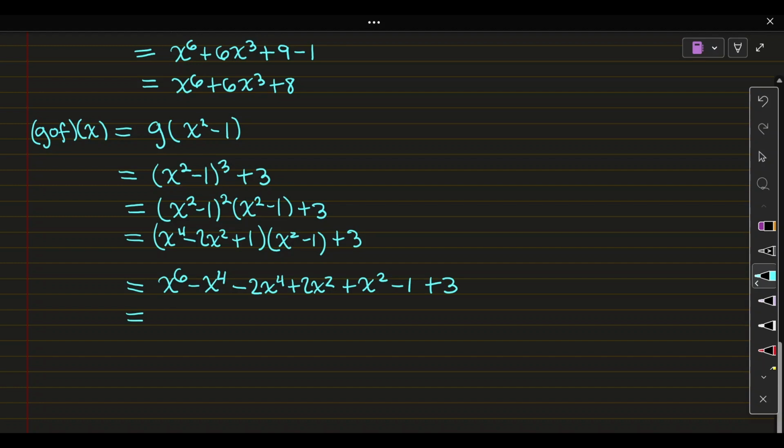That is going to give me, combining like terms, x to the 6th minus 3x to the 4th plus 3x squared, and then minus 1 plus 3, so plus 2. Okay? Alright.